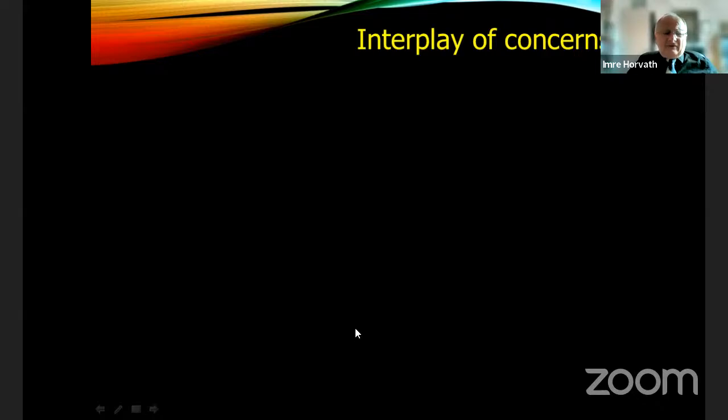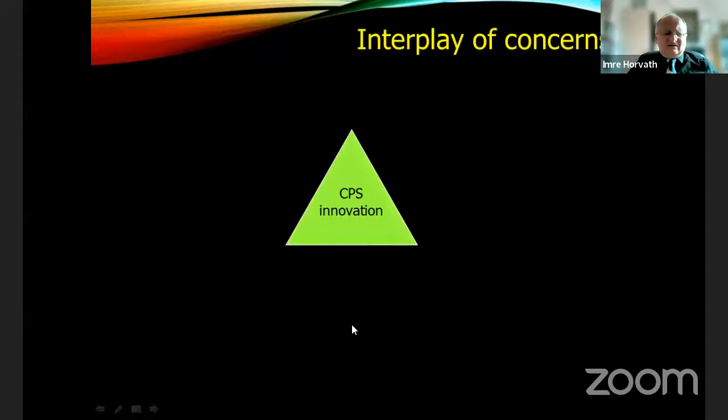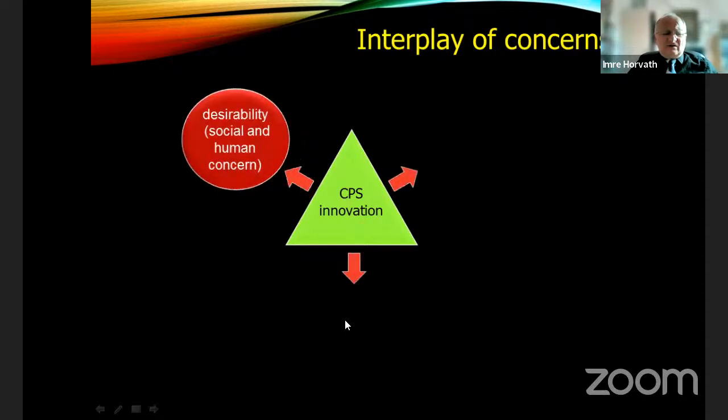But whenever a system development is initiated, it should be considered as an innovation project. And the innovation has three aspects to cover. One, to make a decision on the desirability. So, is it really needed?